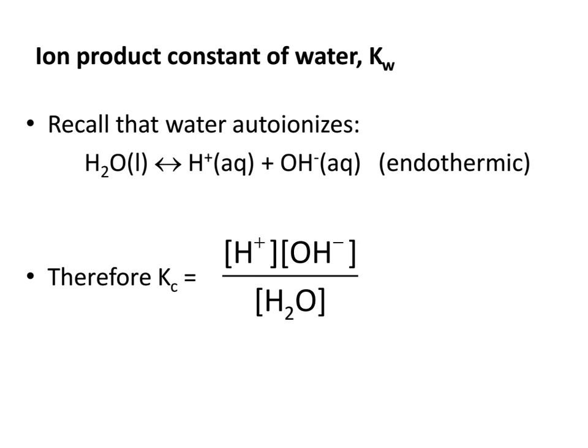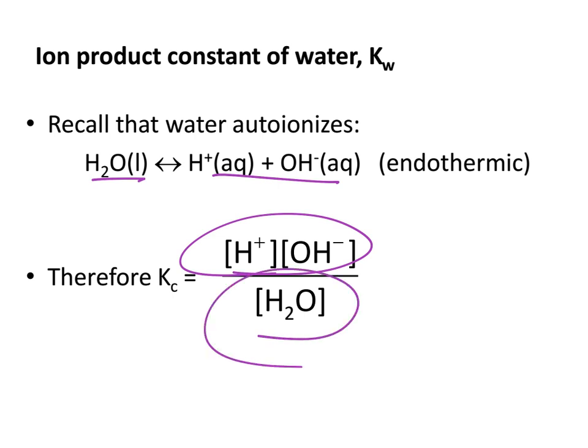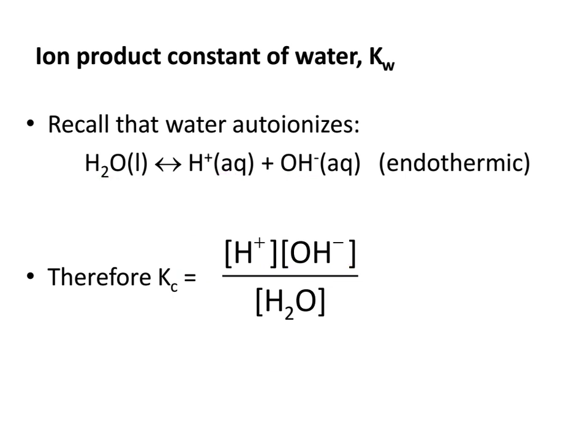If I'm looking at equilibrium concentration, I'm going to do product up top over reactant on the bottom. This is the basic setup for our equilibrium expression. But there's a catch. Remember that equilibrium constants do not include pure liquids or pure solids. So the water's out. Now that I have Kc equals the hydrogen ion concentration times the hydroxide ion concentration, I want to make a parallel.